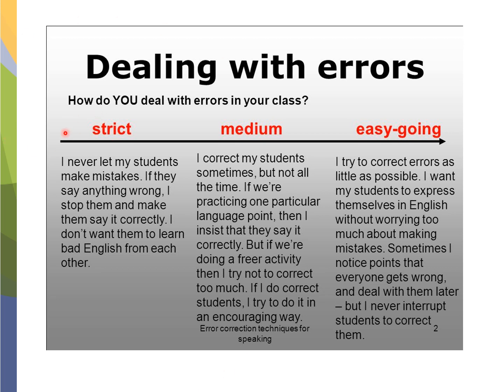Are you strict? You never let your students make mistakes? Are you more medium, correcting sometimes but not all the time, and perhaps making adjustments based on the goal of your activity? Or are you easygoing, so you try to correct as little as possible? Which one best fits you?